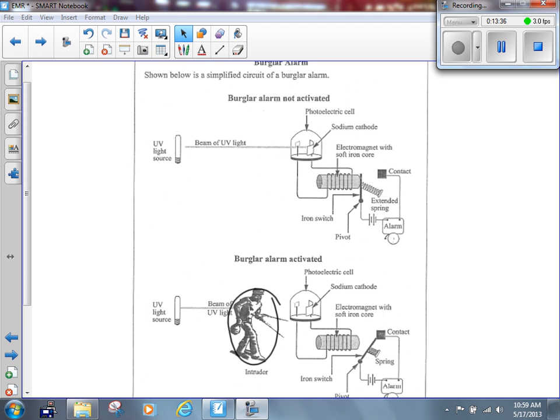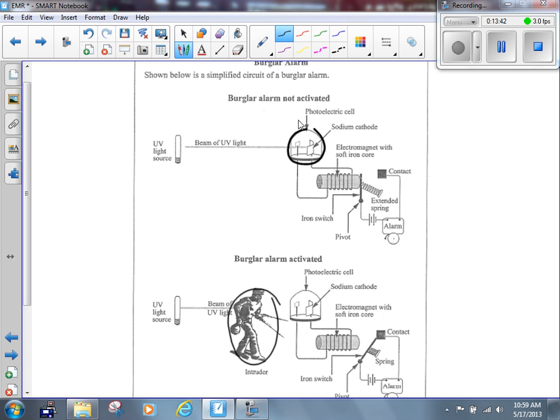Okay. Be careful with the diagram there. This whole thing is the photoelectric cell. This sodium cathode, when light strikes it, the electrons are ejected from the sodium cathode. So what's happening here is this UV light must be above the threshold frequency, because when it strikes the sodium cathode, electrons are being ejected. Those electrons go around here.